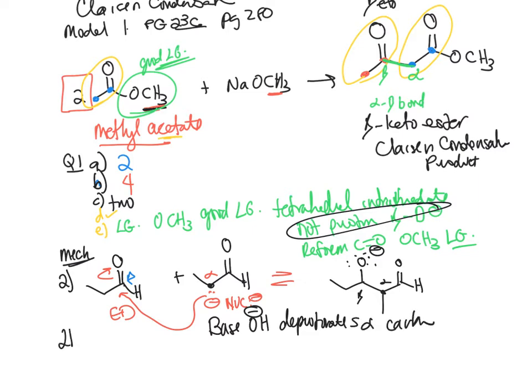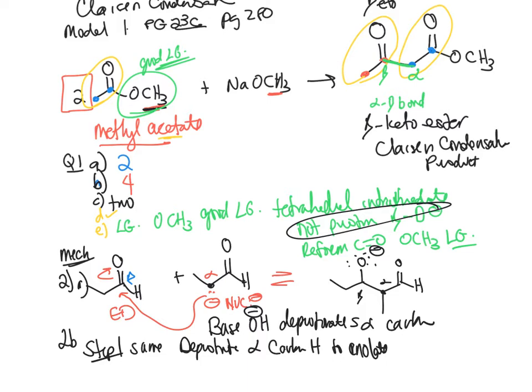Okay, so 2b. Compare the aldol condensation to the Claisen condensation. How is the Claisen similar to the aldol? Step 1 is the same. You're going to deprotonate your alpha carbon hydrogen to make your enolate.